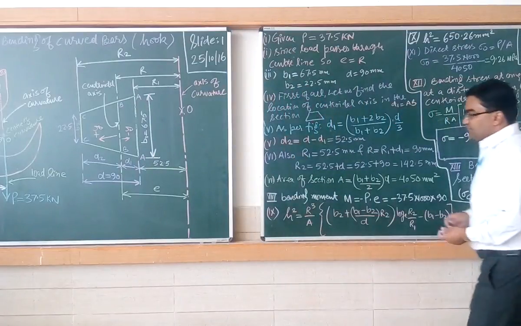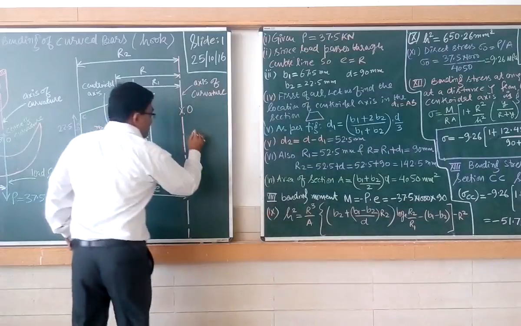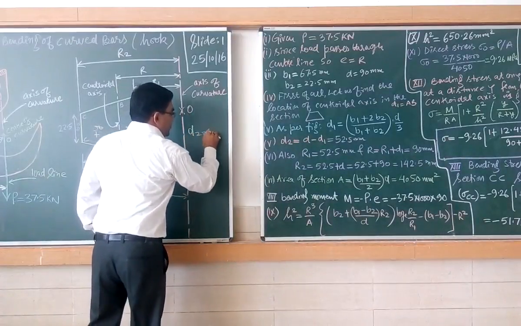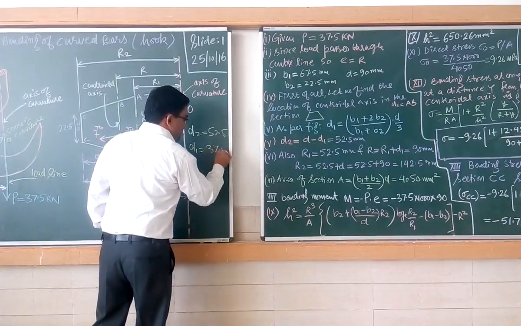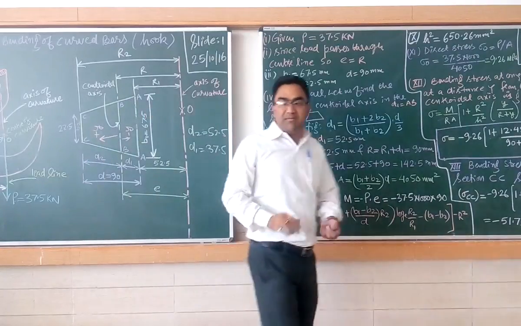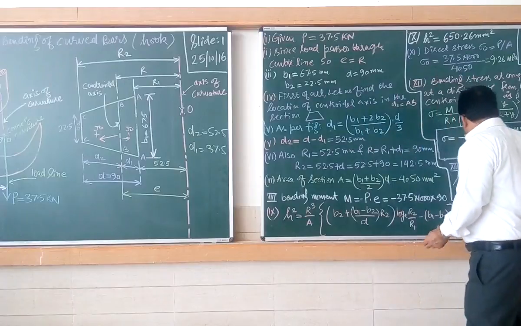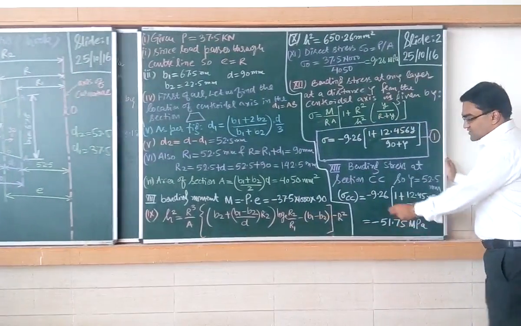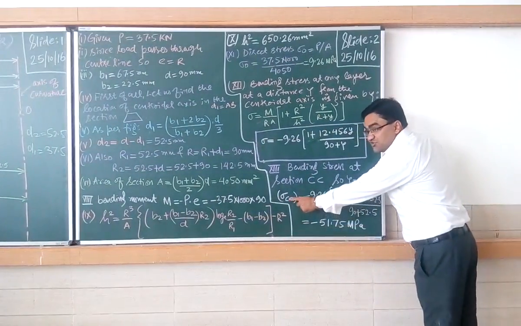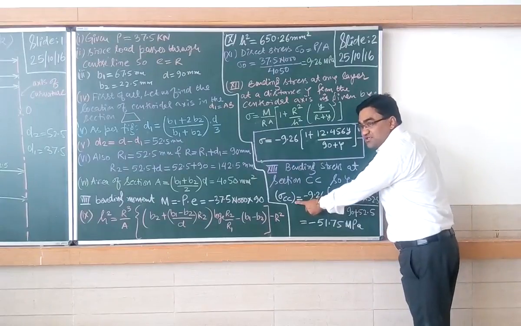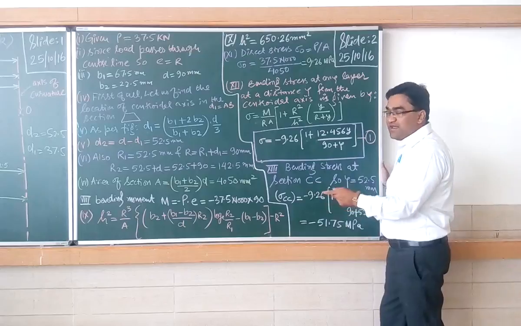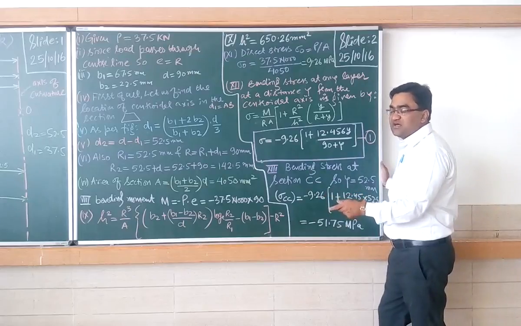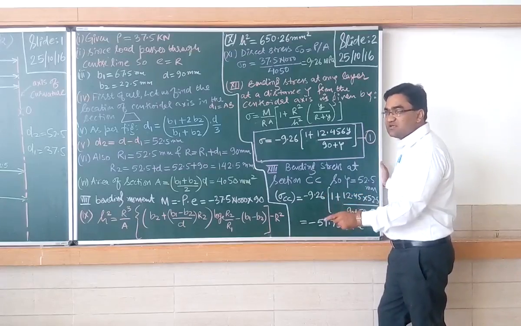So let me find out that D2. Here I have D2 equal to 52.5 and D1 equal to 37.5. Now simply put the value. This equation gives sigma CC, the equation of the bending stresses that will be induced at the innermost fiber of the trapezoidal cross section in this problem.